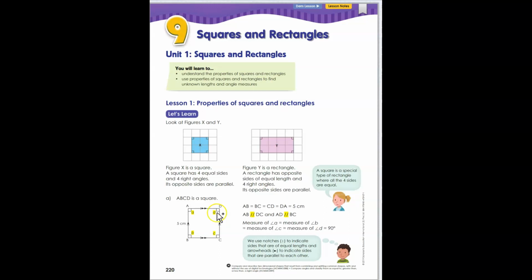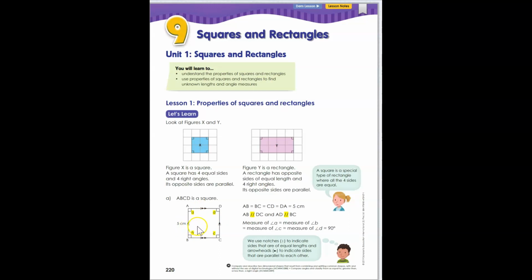Do you see why Lillian said that a square is special? We have got all of these amazing similarities. So we use notches like this one to indicate sides that are of equal lengths and arrowheads to indicate sides that are parallel to each other. So this line tells us that everything is equal length.